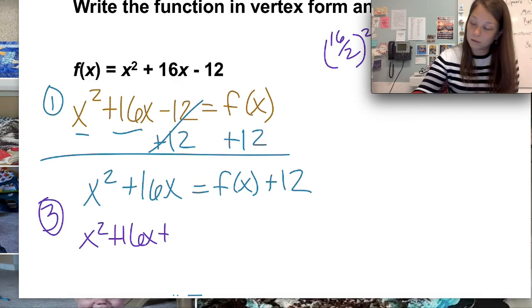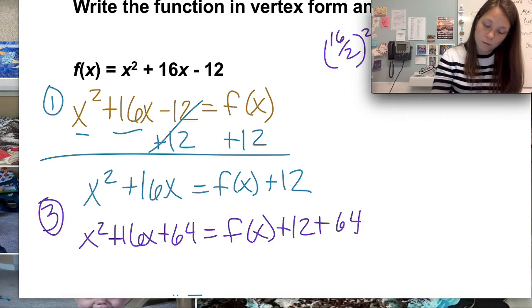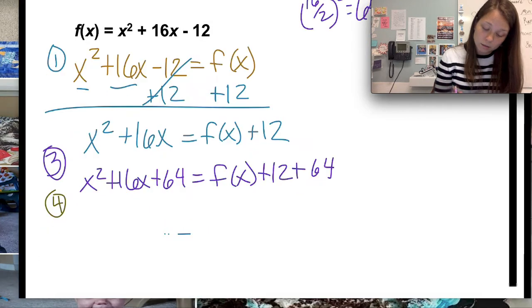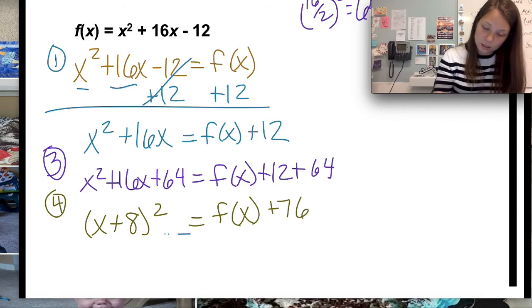I'm sorry. Step 4 now is to factor. So this will factor to be x plus 8 squared equals, and then simplifying over here, 12 plus 64 is 76.